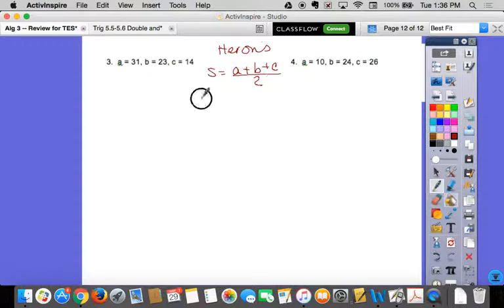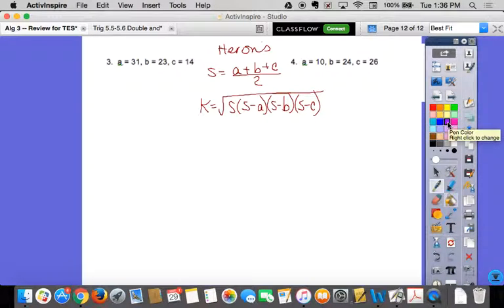Once you've computed S, your area formula is K equals the square root of S times S minus a, S minus b, and S minus c. Once you get the square root of that, that'll be your area. You have to go through these 2 computations, though, because the bottom part makes no sense if you don't know what S is. So here we go.